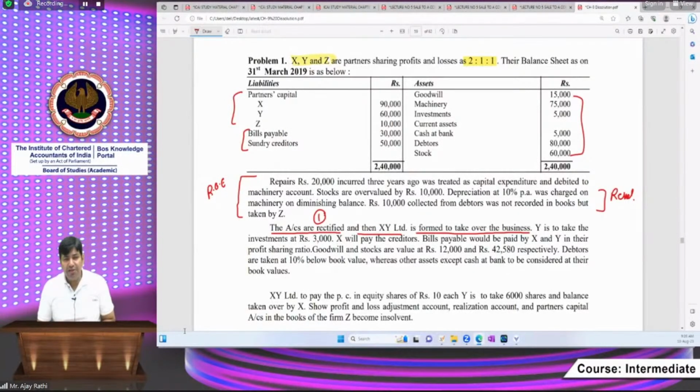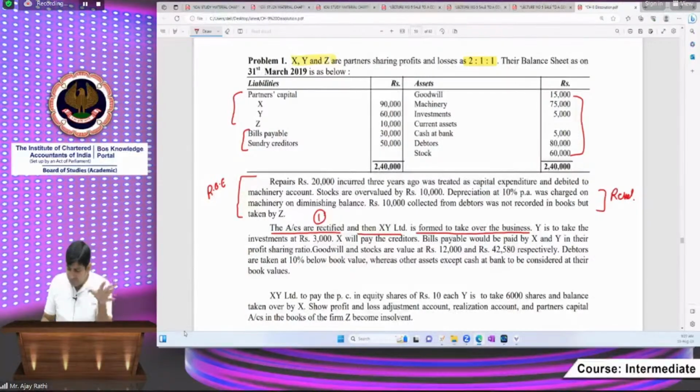So it means all the assets are not there which are being taken over by the purchaser company. It means we have to follow our steps strictly, that only those assets and liabilities are to be transferred to the realization account which are being taken over by the purchaser company. Okay, beta.